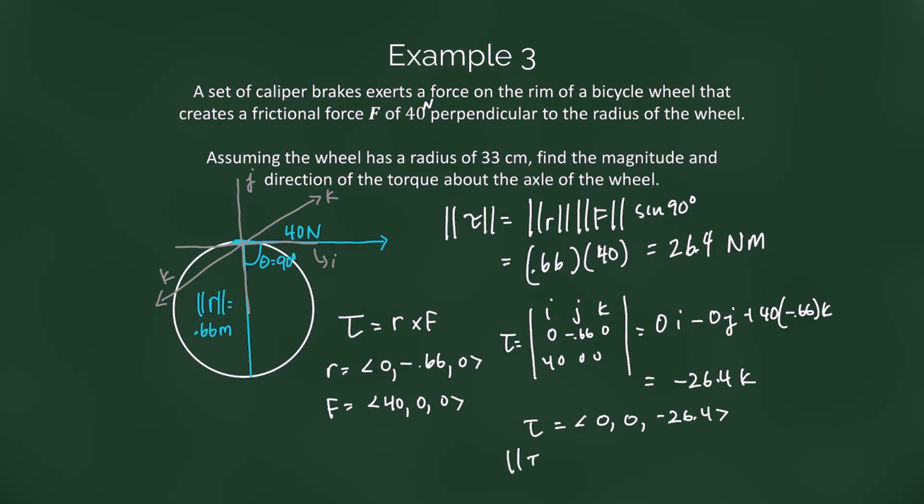So clearly its magnitude is positive 26.4, which we already saw, and its direction is in the direction of the negative k axis.